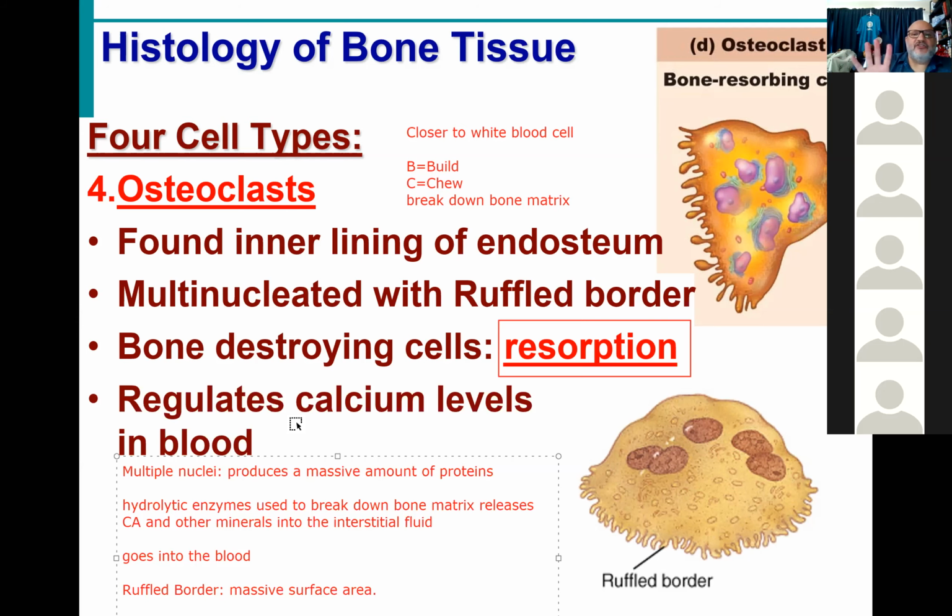When you wash your dishes with your sponge, do you use the narrow end of it or the flat end of it? You use the flat end because you get more surface in contact with the dishes and you have more of an effect. And so by having an increased surface area, it's more in contact with the bone and it has a larger effect. Thank you. Yep. Great question. Any others?